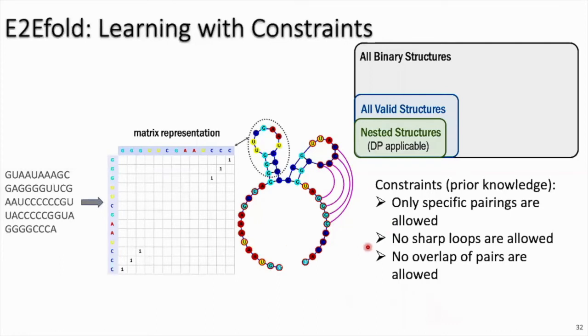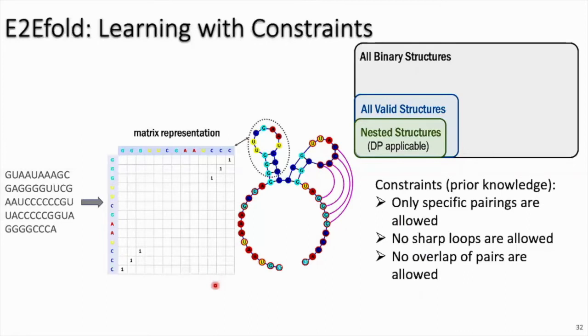More specifically, as we have already discussed, only specific base pairs are allowed. And secondly, if there is a loop, then the loop shouldn't be too sharp, otherwise it's not physically possible. And finally, this is a pairing problem, which means in the final contact map matrix, within each row or each column, there should be at most one cell that can potentially be set to 1.